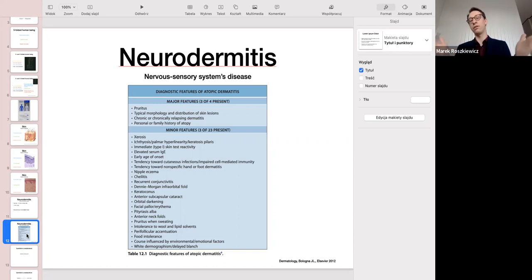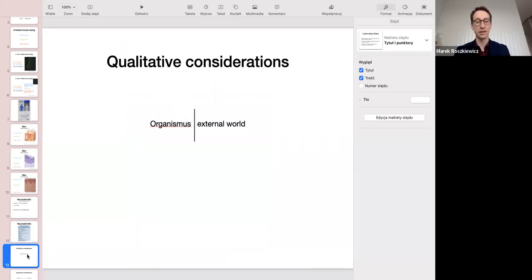So you have, for example, only one criterion or only two, and you cannot say, in the light of academic medicine, this patient has atopic dermatitis. But you can see that the skin has this tendency, and when some extra factors come, it can develop atopic dermatitis. So as a dermatologist, I can say that you can see these tendencies on the skin, not only the diseases.